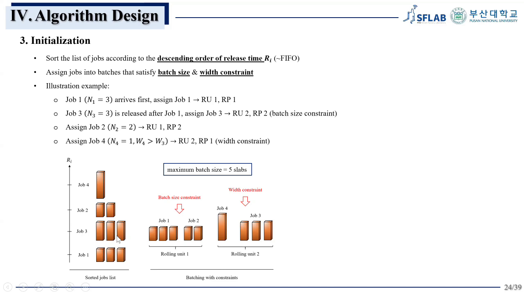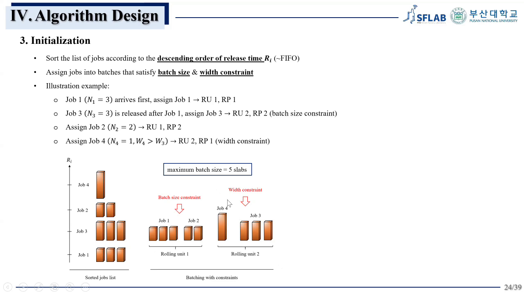Job 3 is assigned later since job 3 arrives later. However, it cannot be assigned to rolling position 2 at rolling unit 1 because the maximum backside is 5 slabs, but the total number of slabs in job 1 and job 3 is 6 slabs, which exceeds the backside limit, so we need to assign job 3 into the second rolling unit.